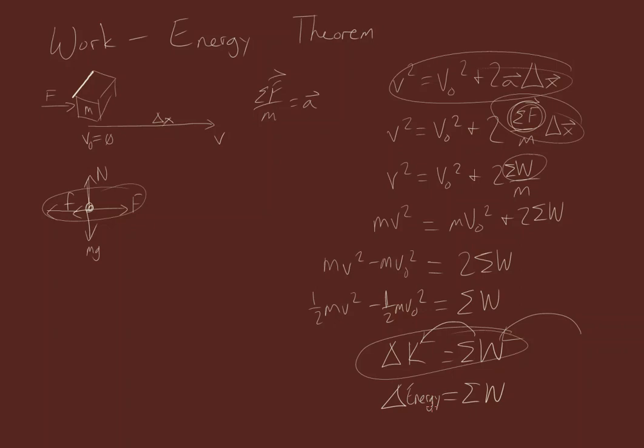Any work that's internal to the system, so maybe if this box was filled with marbles or something, any collisions between the marbles are internal, so all that mechanical energy should stay the same. Remember, I distinguish between mechanical and non-mechanical. Mechanical energy is simply all the kinetic energy in the system and all the potential energy in the system.